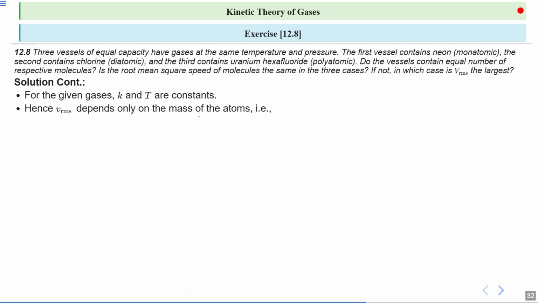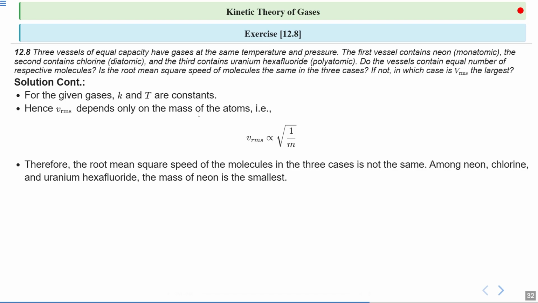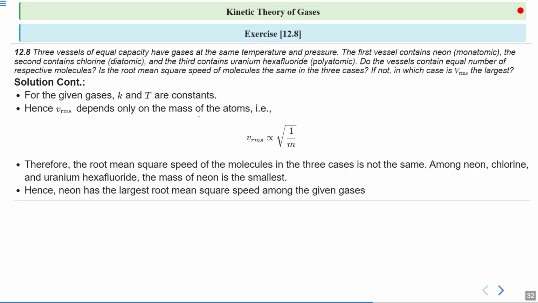Hence VRMS depends only on the mass of the atoms. That is, VRMS is inversely proportional to under root m. Therefore, the root mean square speed of molecules in the three cases is not the same. Among neon, chlorine and uranium hexafluoride, the mass of neon is the smallest. So neon has the largest root mean square speed among the given gases.